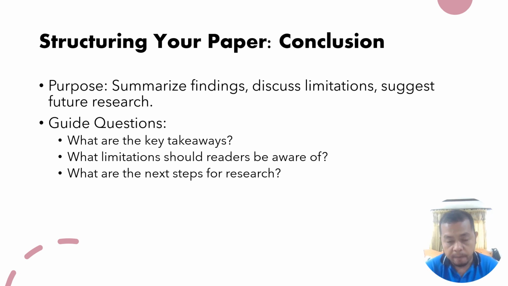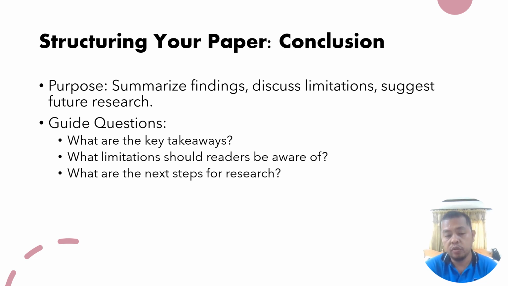And then lastly, your recommendations. What are the next steps for future researchers? You can recommend that future researchers can study the area or whatever, and then you can also include recommendations for policy, recommendations for extension. That is there in your conclusion.